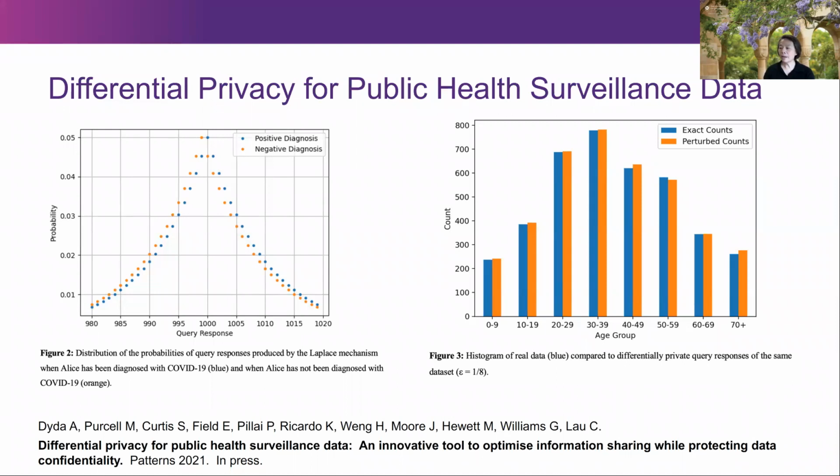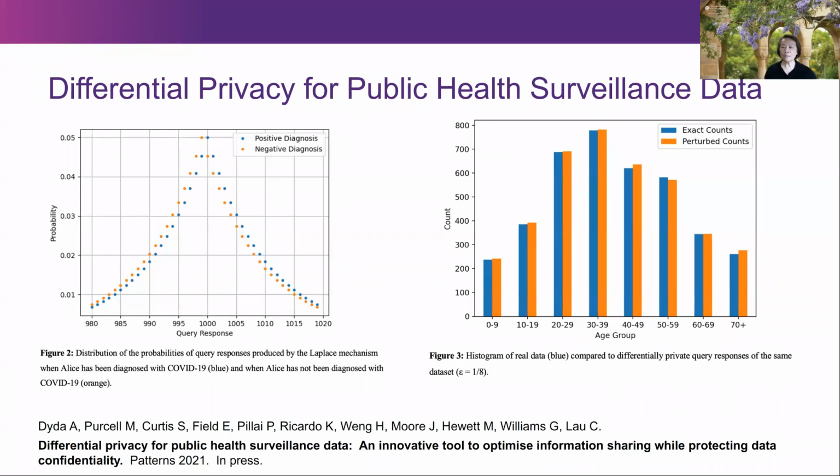And we have a paper in press at the moment in Patterns, where we have applied the differential privacy mechanisms on a synthetic data set that we generated. And we had an example use case of an adversary who has all the tools that she could possibly need, and she has all the information about people's COVID infection status in the community, except for one person.